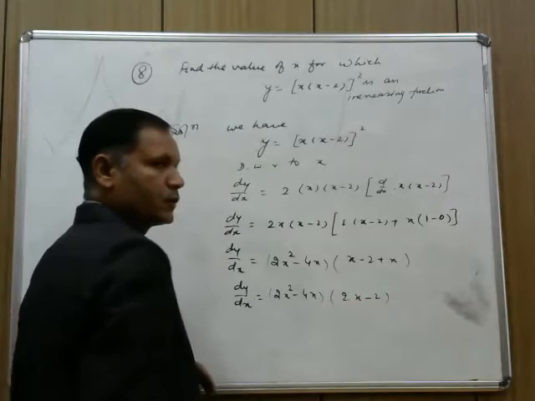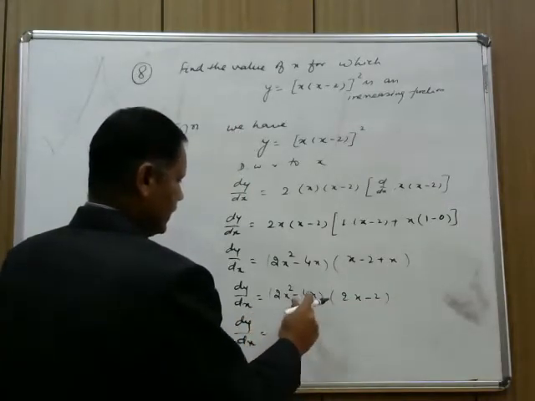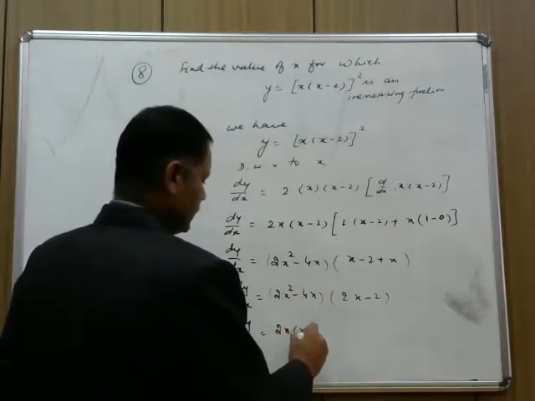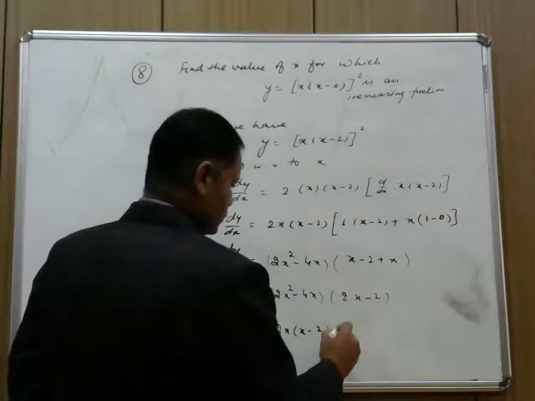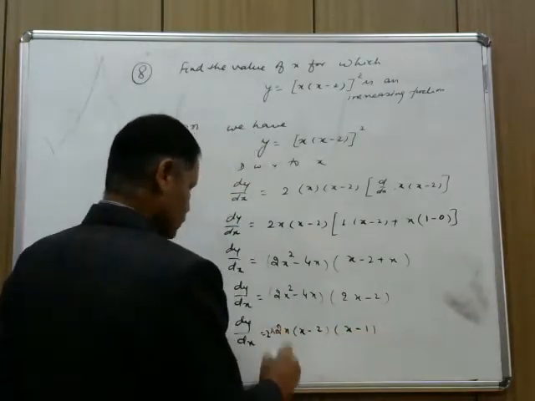Here can I have a common 2? That means dy/dx is equal to, I can take common 2 here, that is 2x into (x - 2) into (x - 1), and this 2 again I write here, 2 into 2 is 4.